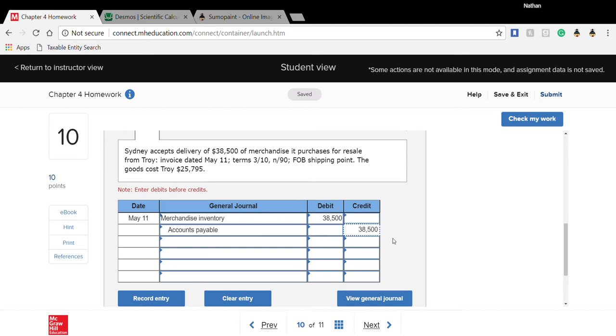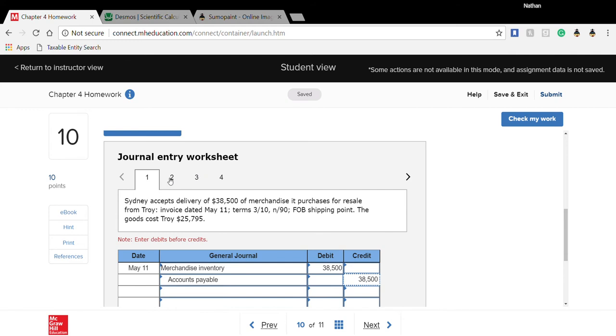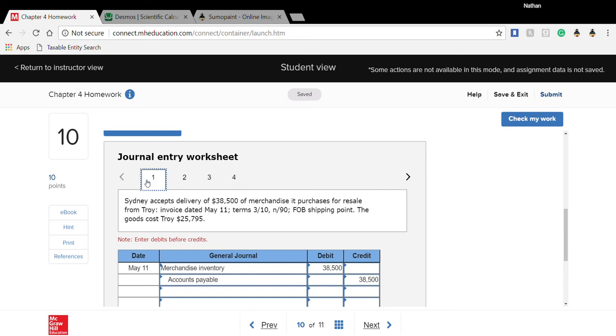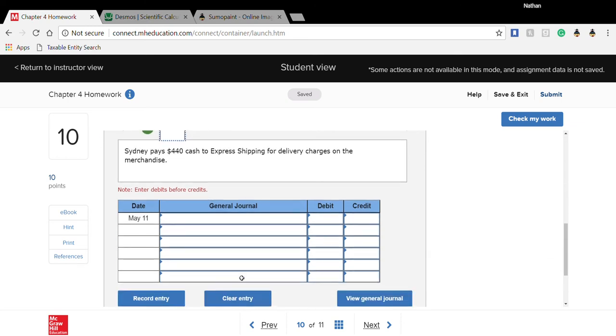We're good to go. Let's look at question 2. Sydney pays $440 cash to Express Shipping for delivery charges on the merchandise. Remember, this was shipping point, so the buyer does have to pay for shipping. Since we're paying for shipping, this is considered part of the inventory. This is all cost to that inventory to get it in our hands.